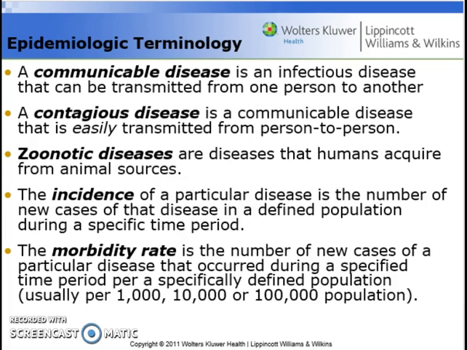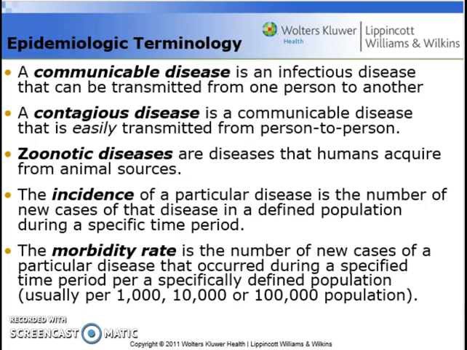And this contagious disease is much more easily spread from person to person. With something that's contagious, you get it immediately. Something that's communicable can be kind of hit or miss. You have an infectious disease that's being transmitted from one person to the other, but maybe it's not highly contagious, it's just communicable because a person's able to transmit it to another person.